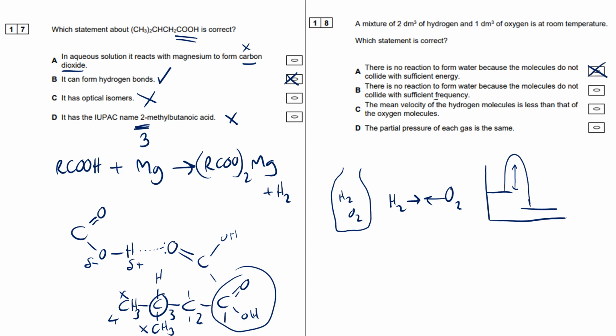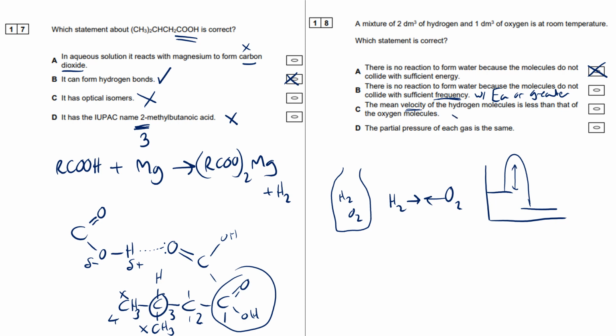It doesn't matter about frequency of collisions, it's frequency of collisions with the activation energy or greater. So statement B, not quite correct there. Is the mean velocity of hydrogen molecules less than the mean velocity of oxygen molecules? Well, the speed at which the particles are moving around is dependent on temperature. So they're going to have the same mean velocity there.